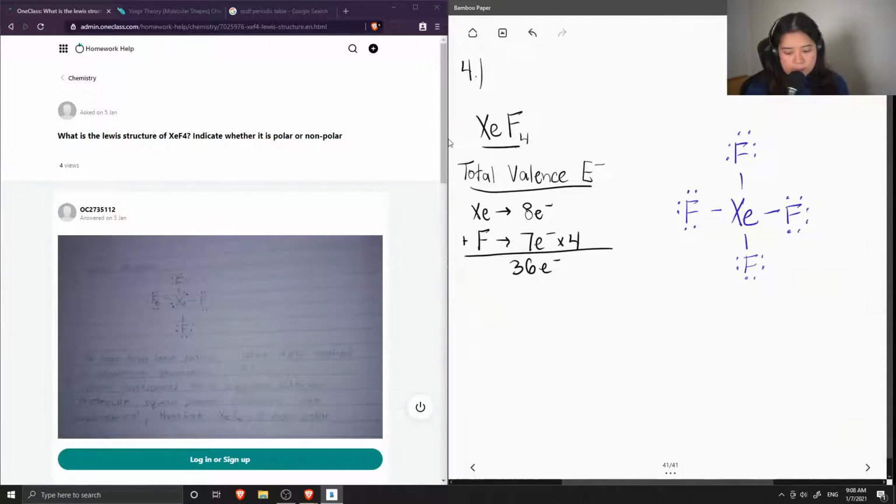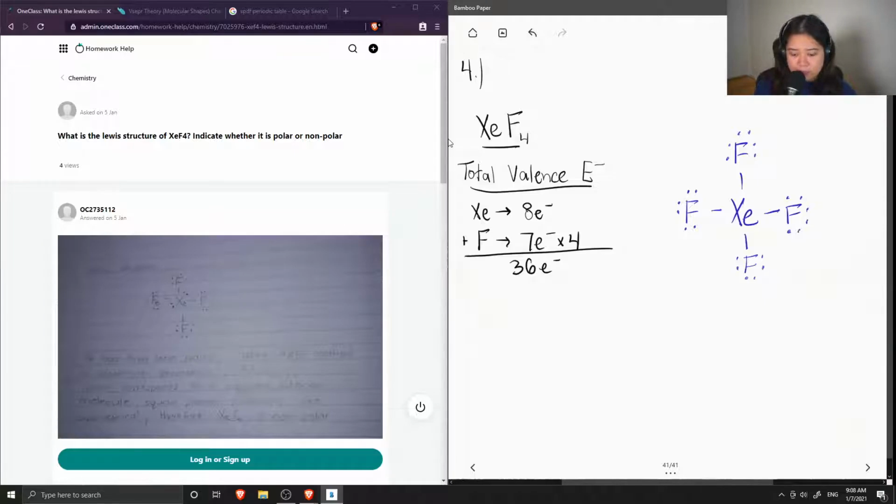Okay, so it's at this point in drawing where I like to count how many electrons I've drawn so far. If we remember that each bond contains 2 bonding electrons, and we have 4 bonds, so that's 8. And then each fluorine atom has 6 valence electrons, so 6 times 4 is 24.